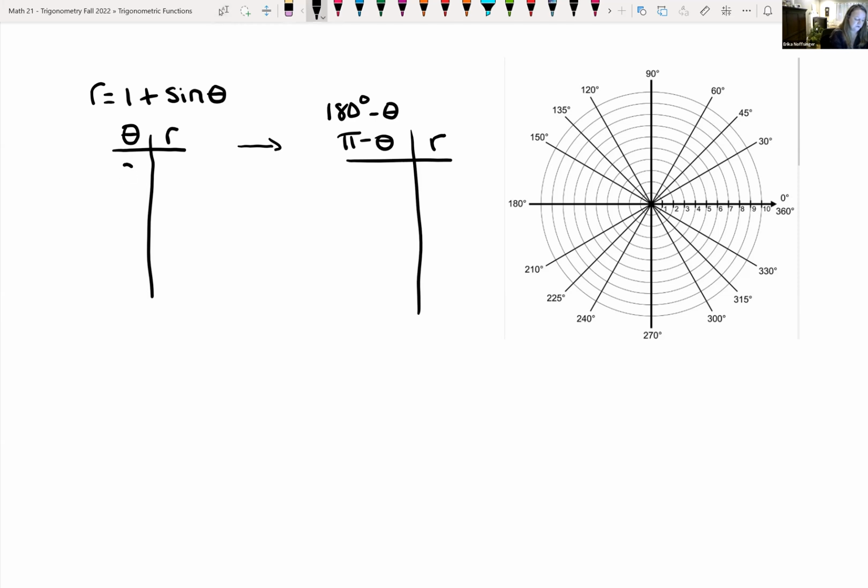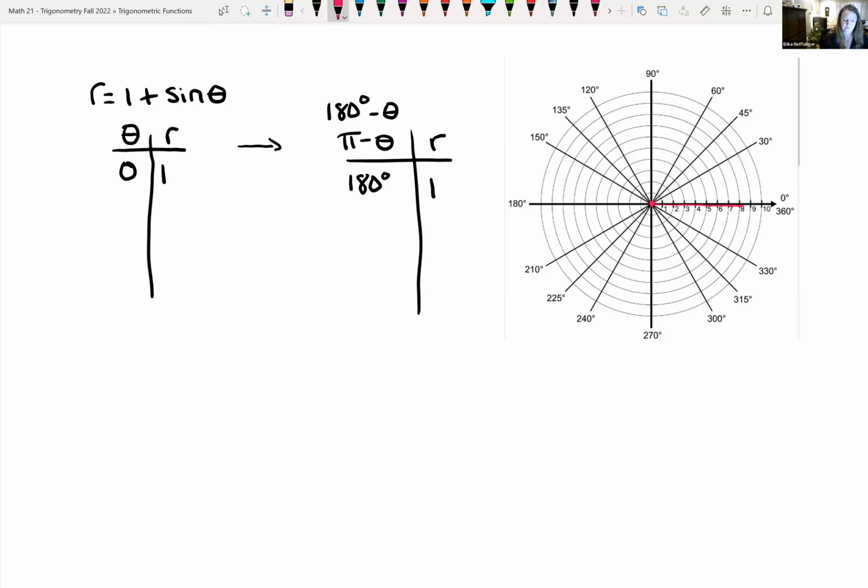So let's plug in values we know. 0 degrees. Sine of 0 I know is 0, so this would give me 1. And so plugging that in here, if theta is 0, I know that I also have a point at 180 degrees minus 0, or 180 degrees, or pi, and I would also have 1. So let's plot that. So when theta is 0, I'm not moving.